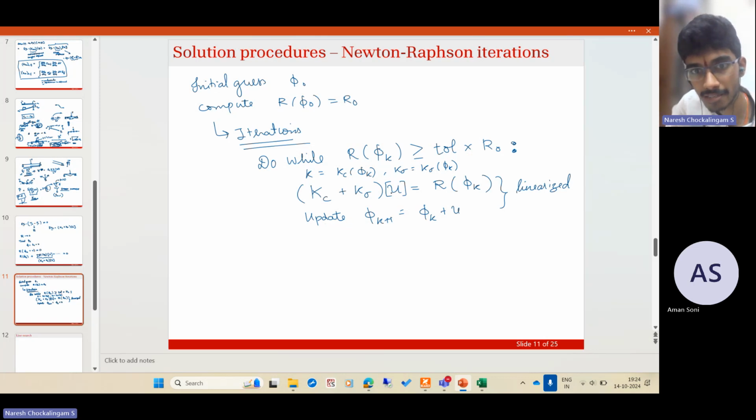Once you get the incremental displacement, update the current configuration as phi k plus 1 is equal to phi k plus u.